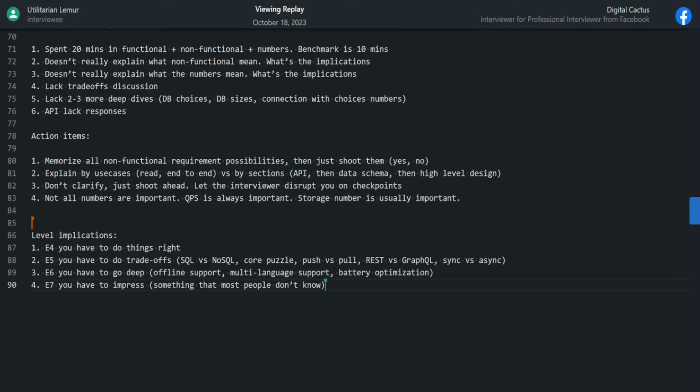But for example, things that you can do here: SQL versus NoSQL. You don't really need ACID properties here. You don't really need a relational database. So possibly NoSQL is a good option here. Possibly. Another thing is that you want to use a message queue because it's okay to do eventual consistency.